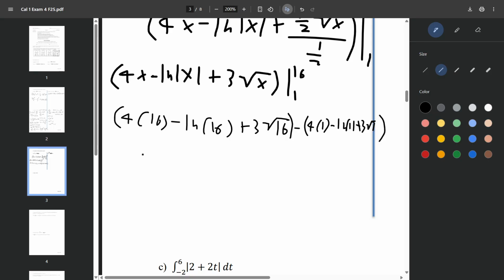So once we add all these together, we get 76 minus ln of 16 minus 7.